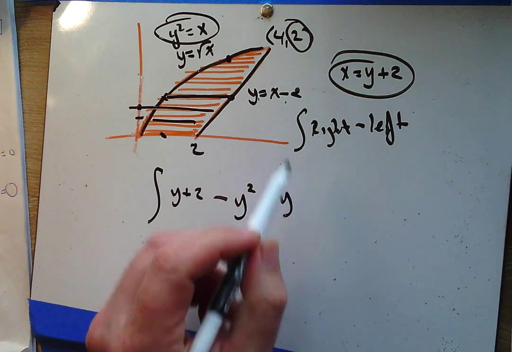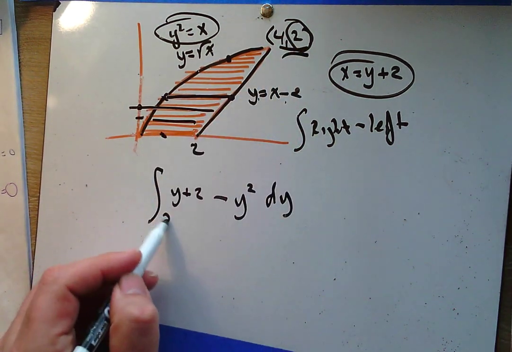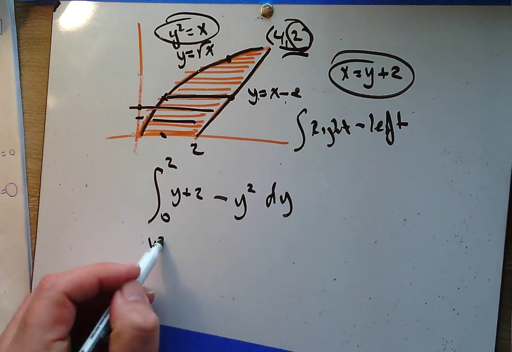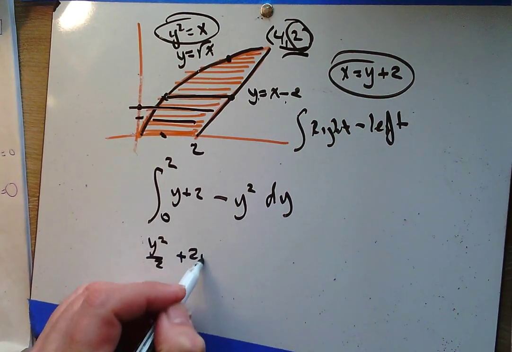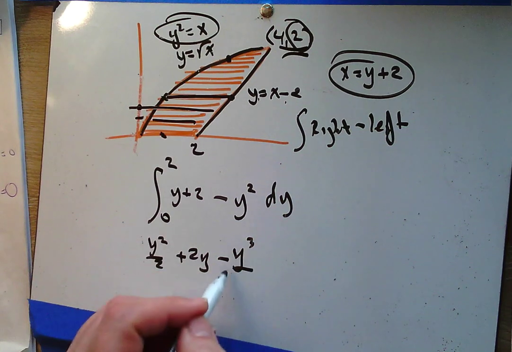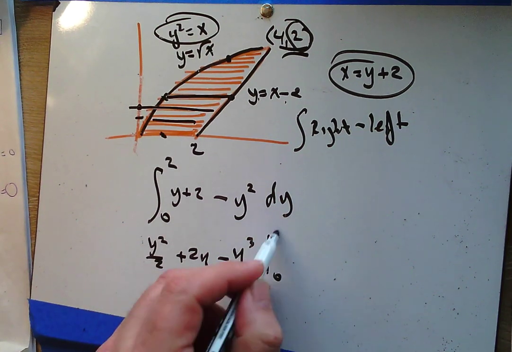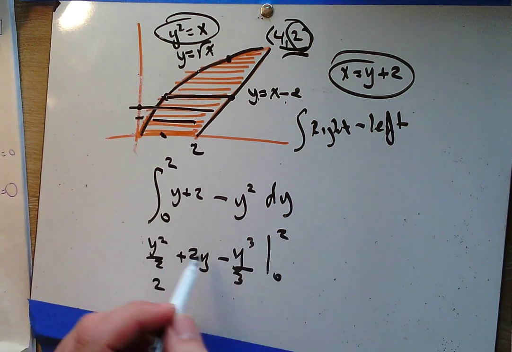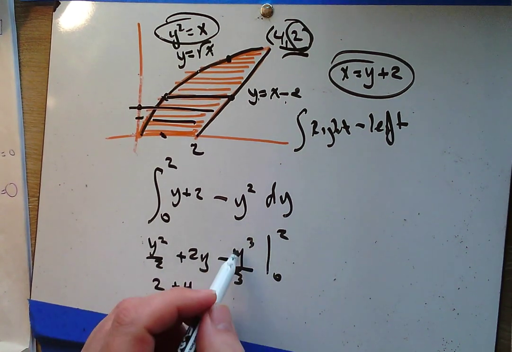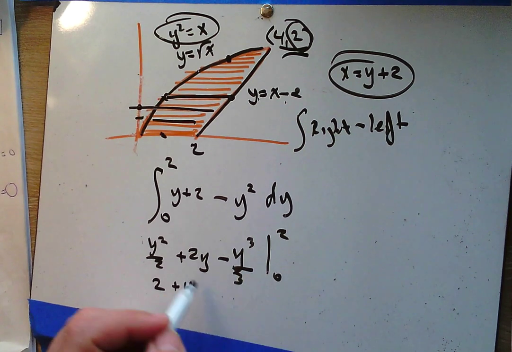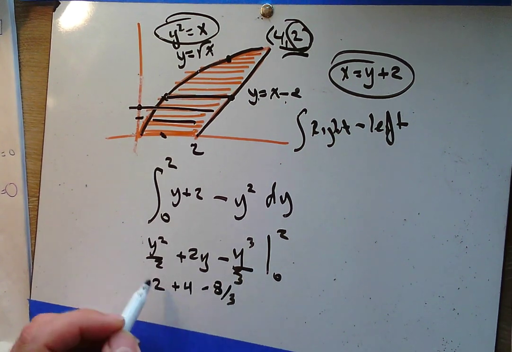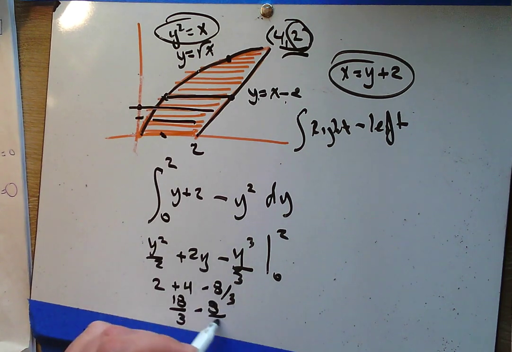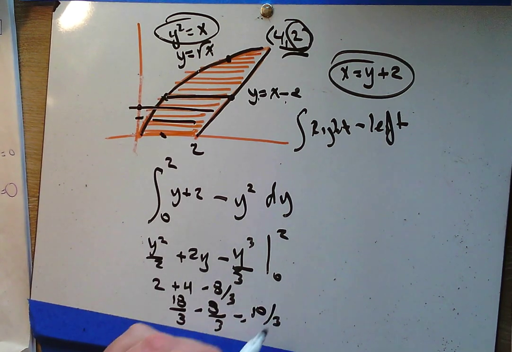So this is a dy, and I need y bounds. So when I integrate here, I get y squared over 2 plus 2y minus y to the third over 3 from 0 to 2. 2 squared is 4. 4 divided by 2 is 2. 2 times 2 is 4. 2 to the third is 8 thirds. So I've got 18 thirds minus 8 thirds is 10 thirds.